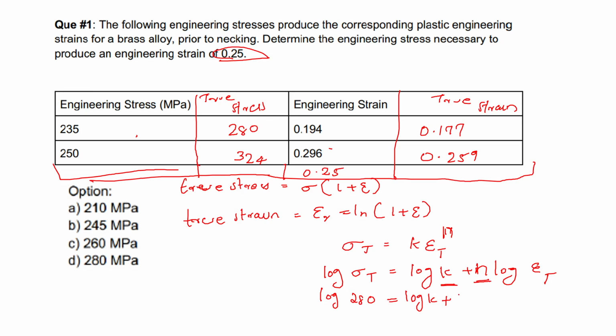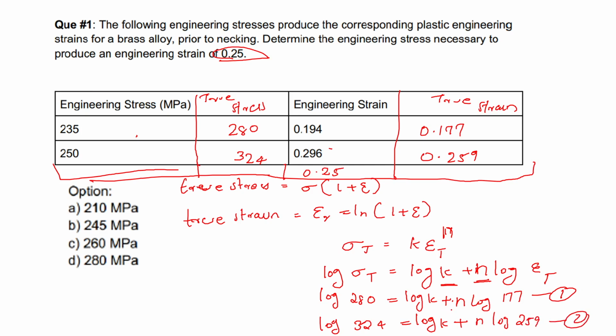No, you cannot take it. You have to find it. So the first equation is log 235... n log 0.177. The second equation will be log 324 is equal to log K plus n times log 0.259.